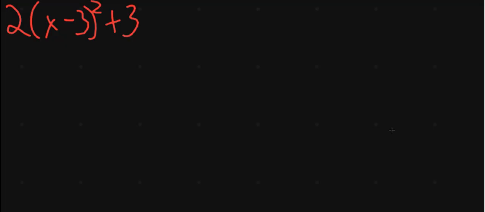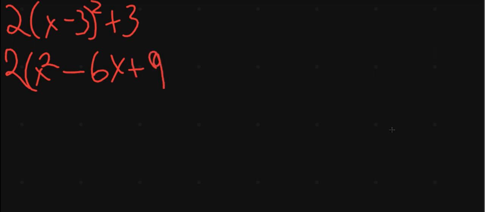Now, it's going to be 2 parentheses x squared, but this time it's going to be minus 6x, plus 9, my apologies, because minus times a minus equals positive. It's plus 3.